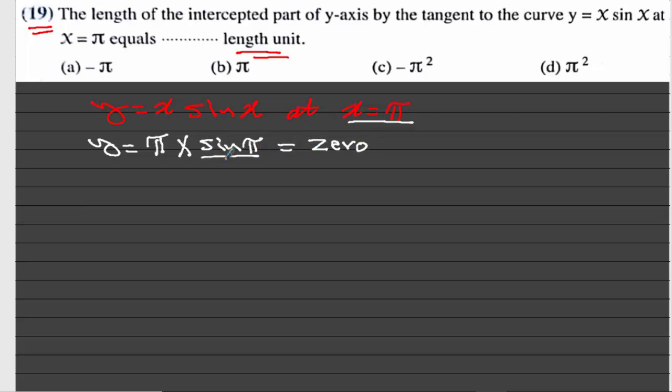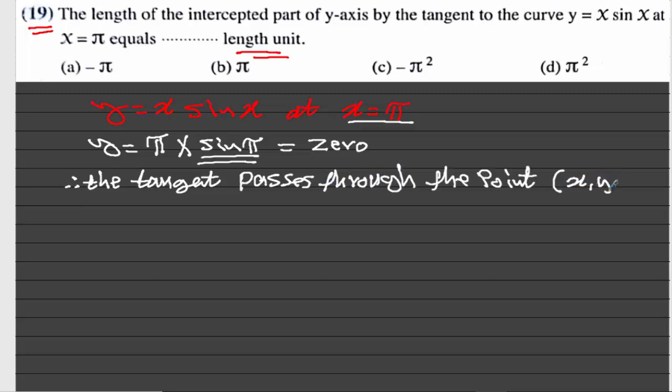Because sine pi, sine 180 equals 0, and 0 multiply pi equals 0. So the tangent passes through the point x and y, it means x equals pi and y equals 0. So the tangent passes through the point pi and 0.